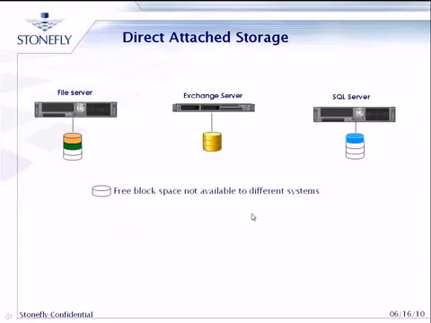In the direct attached storage environment, each server has its own storage. The main drawback in a DAS, or direct attached, is that the free blocks of storage could not be shared with the other servers. For example, if you look at these white blocks on my screen on this server, I could not give those to the other server.